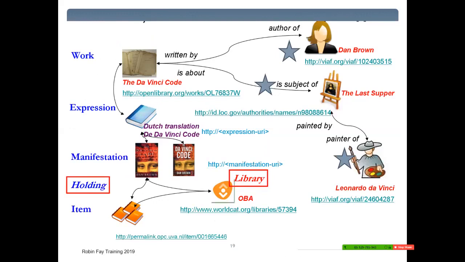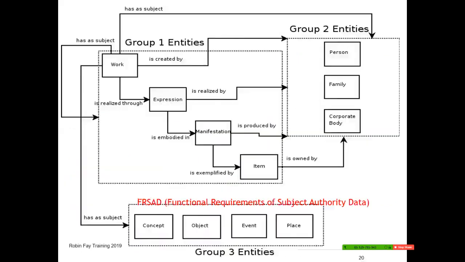So we're going to be looking more at the right side of this in our subjects and our names. This is another take on those entities. And the reason we're looking at these now is that although these get squished in, it's a good exercise in thinking about how these things fit together. Because we have the work, expression, manifestation, right? That's our WEMI there. That is what would go into the general bibliographic bucket.